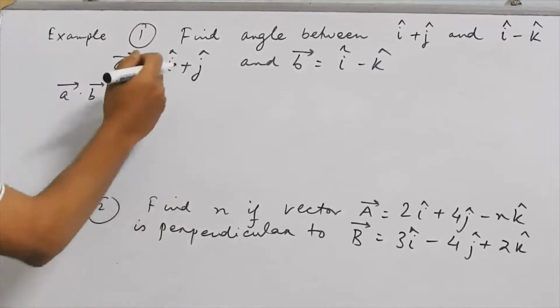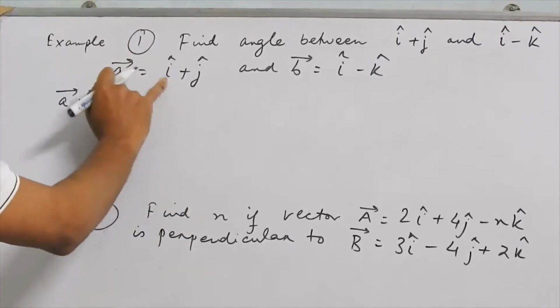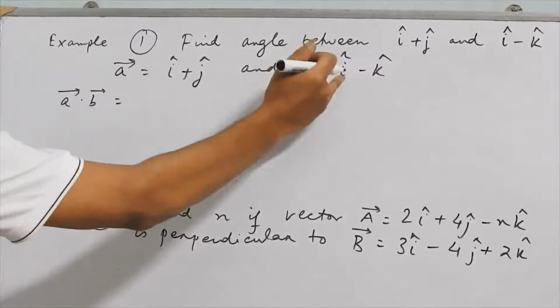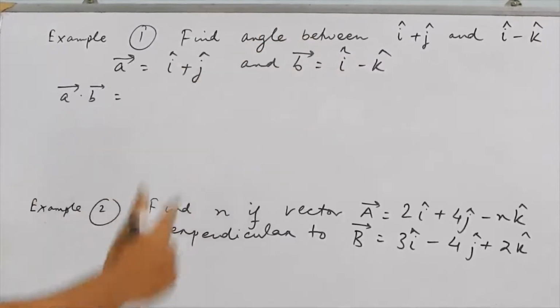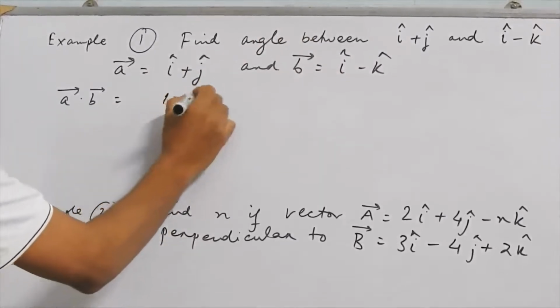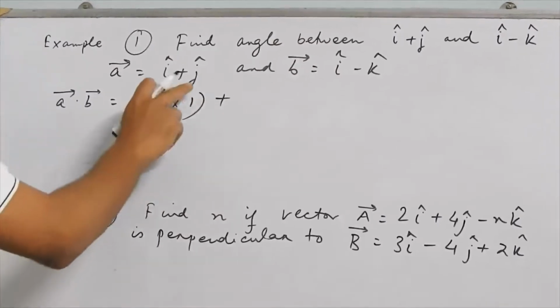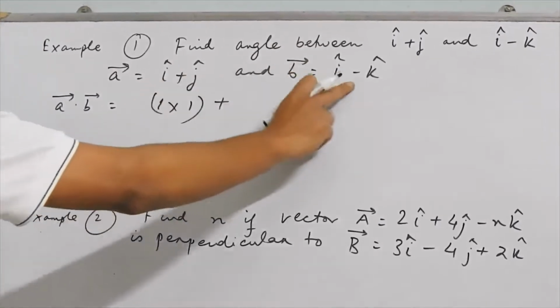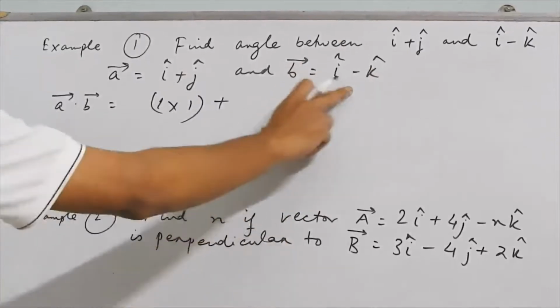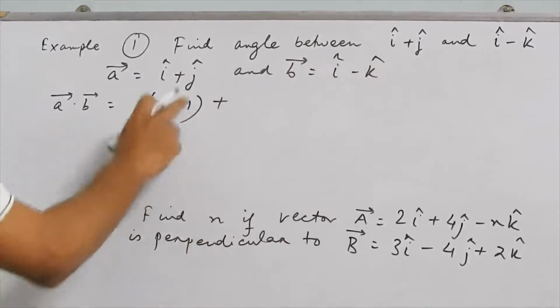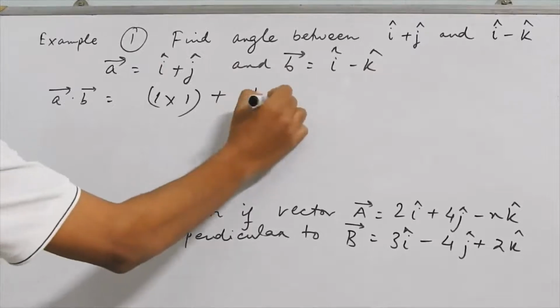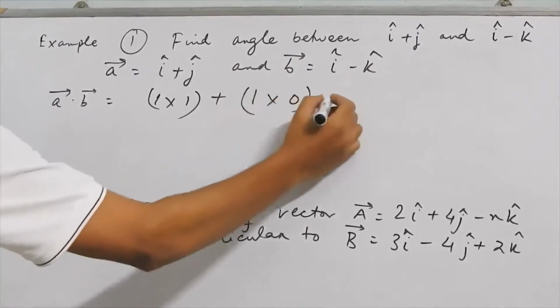So here you see i hat means x component. So here the x component is 1. In this case also the x component is 1. So 1 into 1, that is 1. Plus, take the y component. In this case there is a y component j hat, but in this case there is no j hat, so you can say 0 j hat. So this is 1 into j hat plus 0 into j hat.